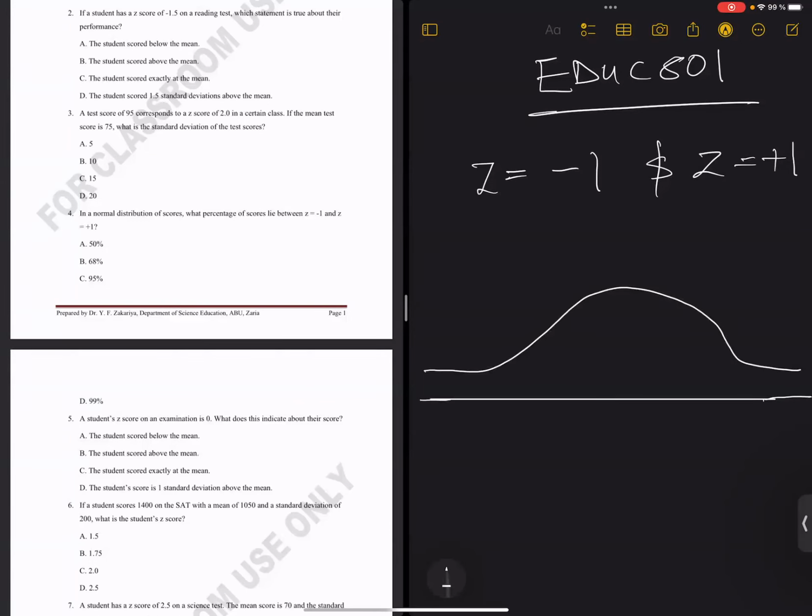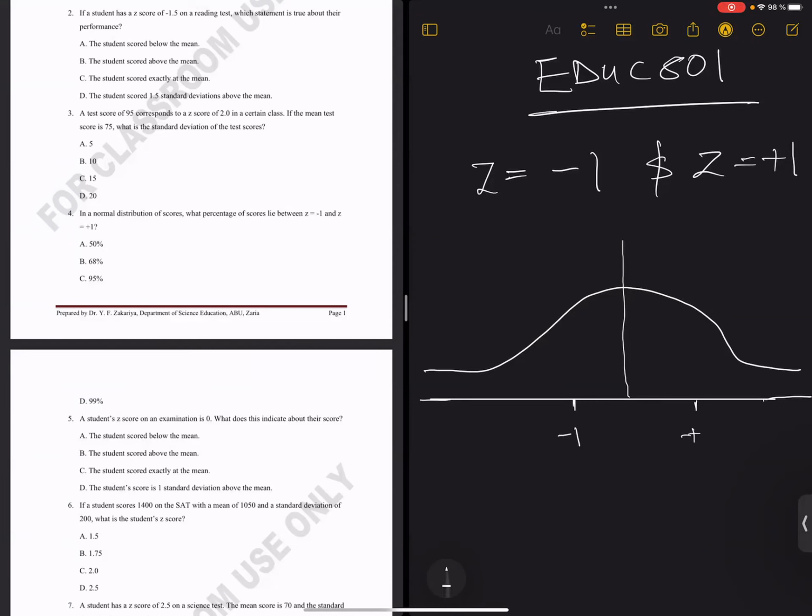So this is the distribution. Let us say this is the midpoint. So z equals -1 and +1, that is -1 standard deviation and then +1 standard deviation.